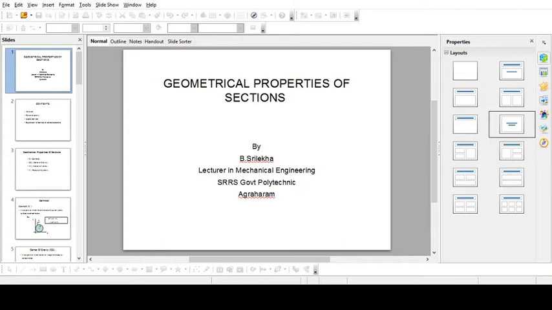So what are the geometric properties of sections? The center of gravity, the centroid, and the moment of inertia are the geometric properties of a section. Let us define each of them. The knowledge of center of gravity is important to maintain bodies in equilibrium, and the moment of inertia plays a major role in finding the bending moment.